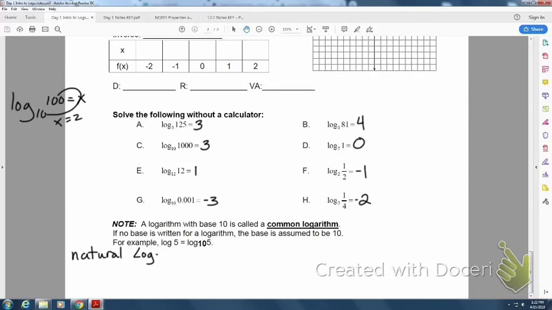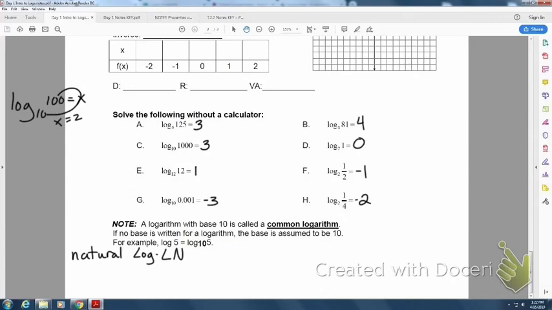There is a specific log that deals with e. On the calculator, after log, the very next button is ln. Everything we talked about today applies with natural log the way it does with log. You just write ln instead of log.